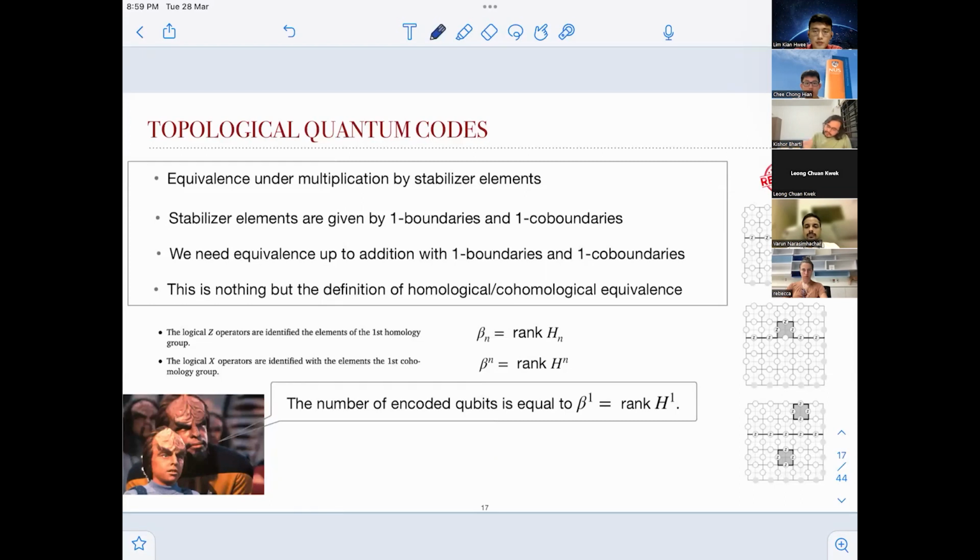as we discussed in the very first tutorial, let's say you have some state psi and you act on it by L, some logical operator, or you act on it by L S psi, both will be the same, because S psi is psi. And S is like a boundary, and if you think about it, the homology groups are defined as Z_n modulo B_n.